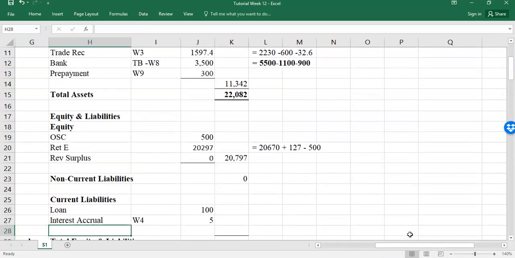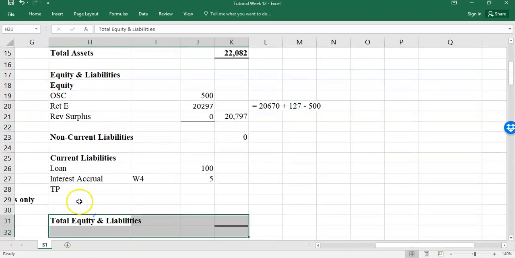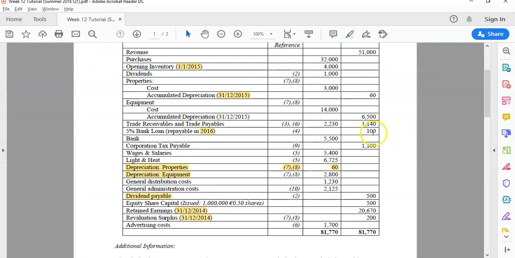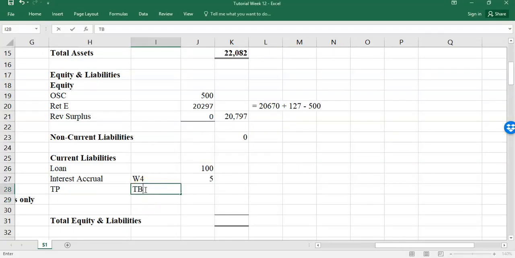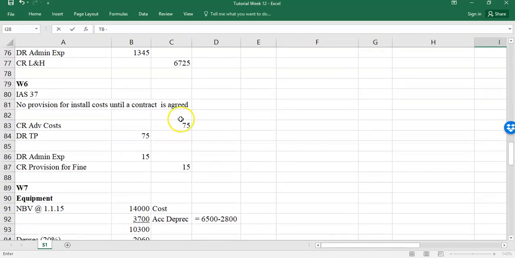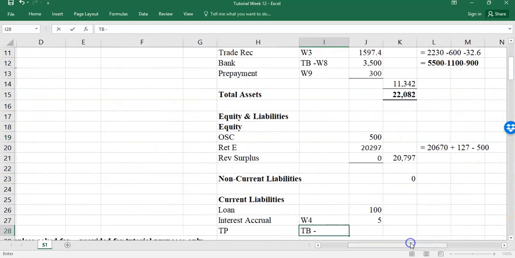So you owe money at the end of the year. Your trade payables, but you're also going to have one or two others. So we'll just leave a bit of space. You're going to have trade payables. In the trial balance, trade payables is 1140. So trial balance, but you also have to adjust for the incorrect provision. So we said down here, trade payables, working 6, must be reduced by 75. So minus working 6.